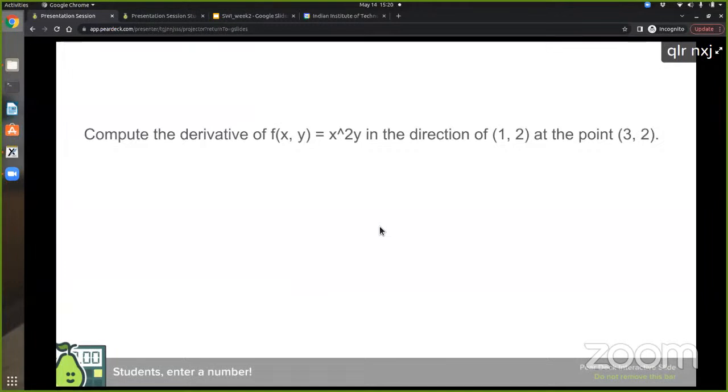And then in order to compute the derivative in a given direction, you will use the directional derivative, which is nothing but the weighted sum of partial derivatives.